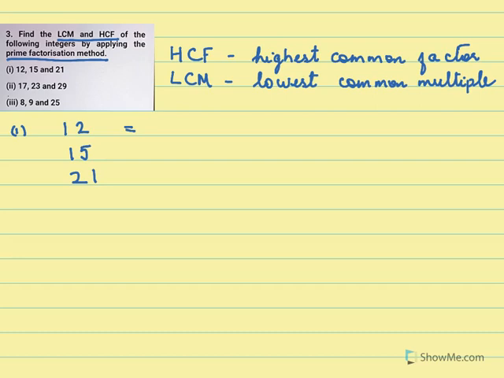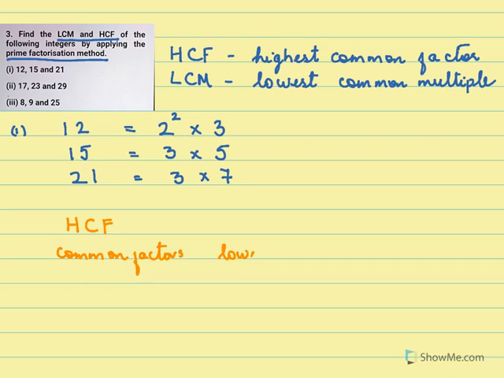So first we prime factorize, which you already know how to do. 12 is 2 square into 3. 15 is 3 into 5. And 21 is 3 into 7. So we have now prime factorized. To find the HCF, you need to first write all the common factors and their lowest power.